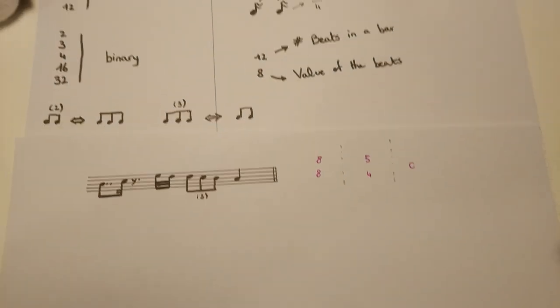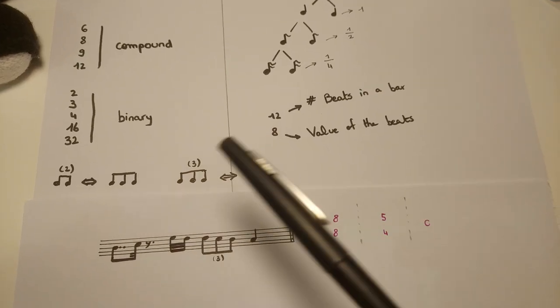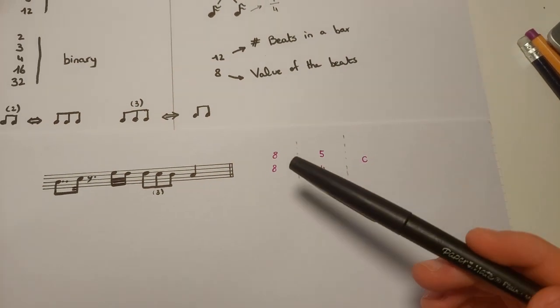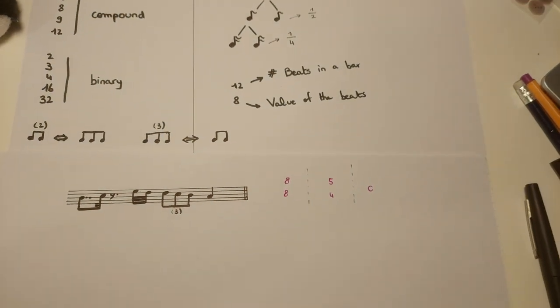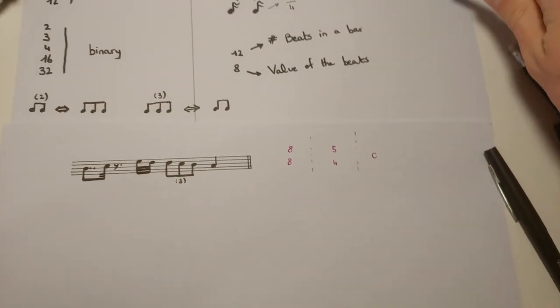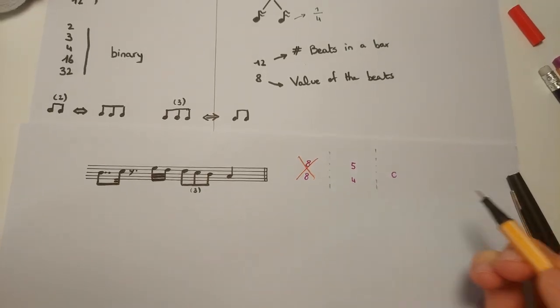And in a binary bar, there can be 2, 3, 4, 16, or 32 as bottom number. So here there's an 8. I'm going to write in red. This has an 8. It is not possible because 8 is compound.